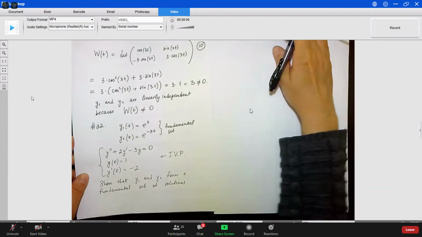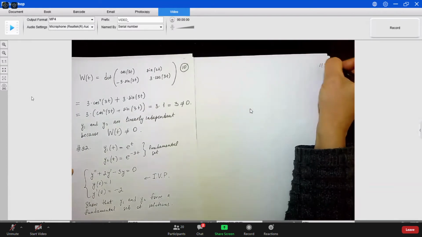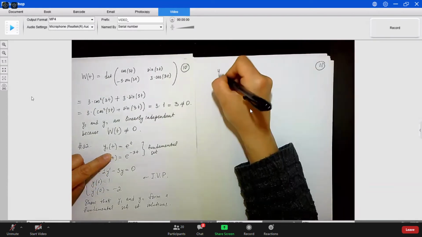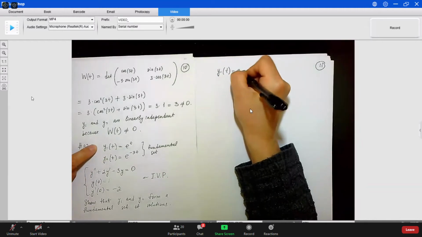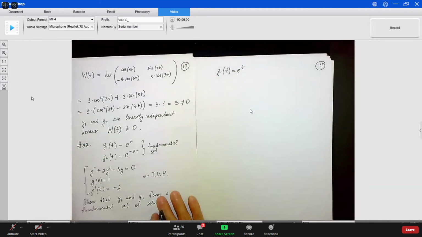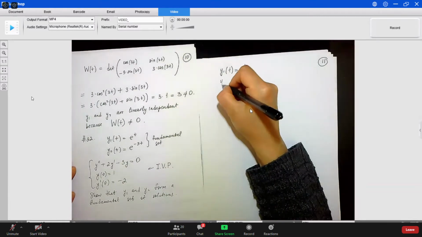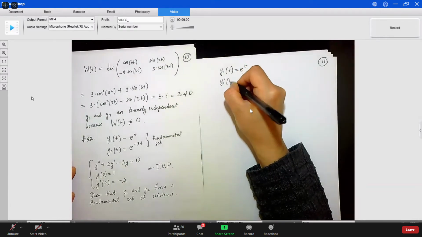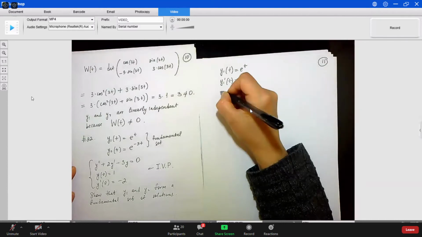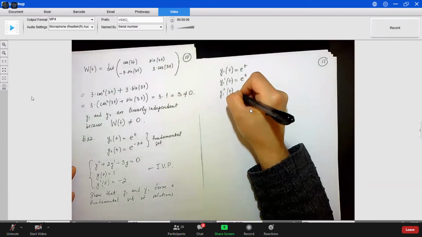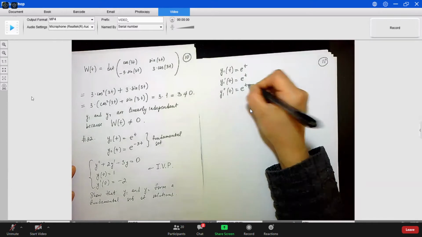Well, let's try the first one. I'm going to start with y sub 1, which is e to the t, and I'm going to find the first and second derivatives. This one is very nice because the derivatives are exactly the same as the function.